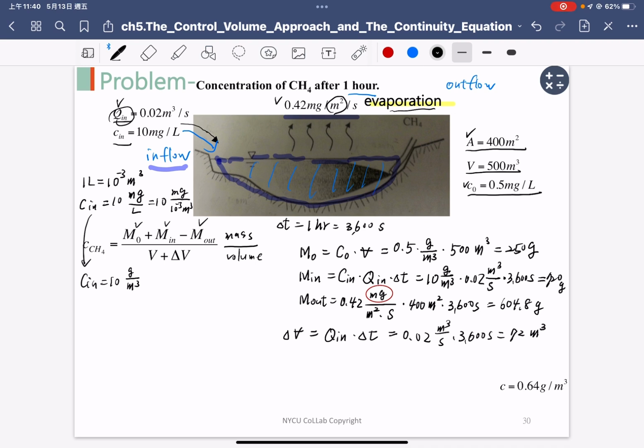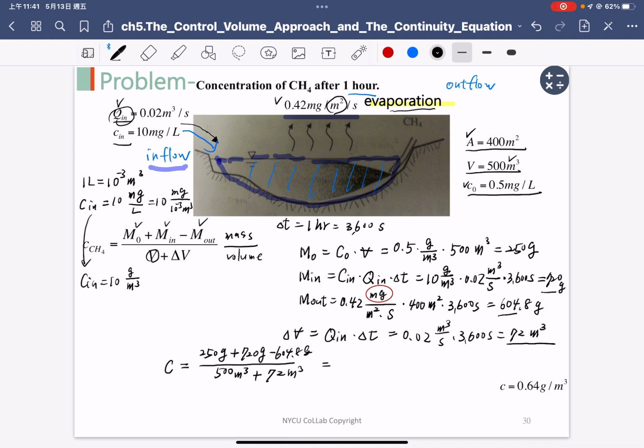So we can go back to calculate the final concentration, which equals the initial mass of 250 g plus the inflow of 720 g, and minus the outflow, because it is the outflow. The original volume is 500 meter cubic plus the additional volume change of 72 meter cubic.